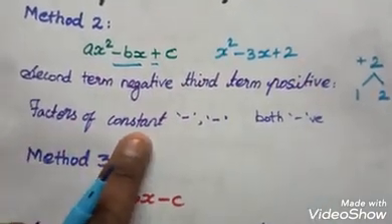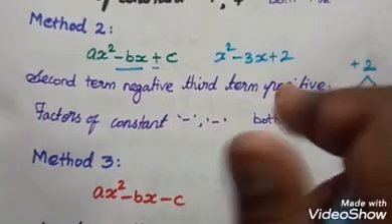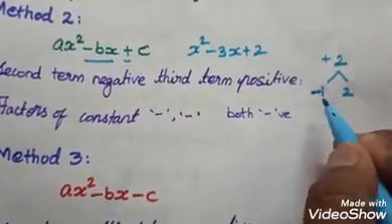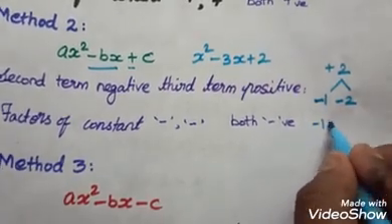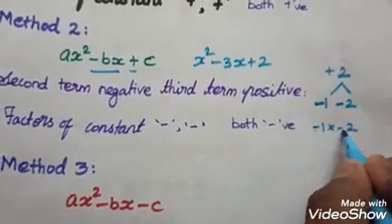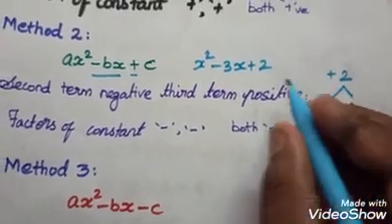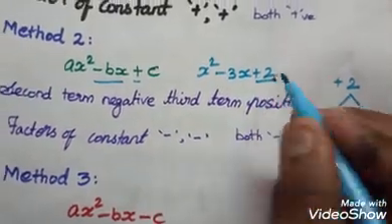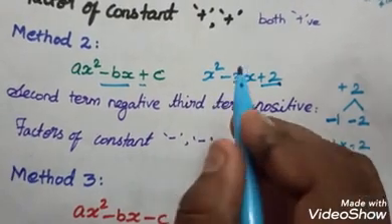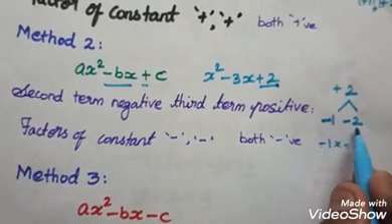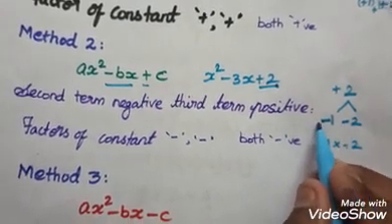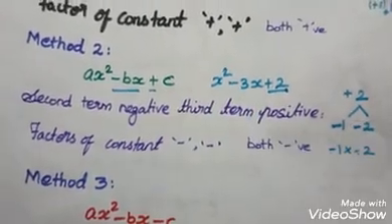The factors of the constant are both negative: minus 1 and minus 2. Take the product: minus 1 into minus 2, minus into minus gives plus, so 1 times 2 is plus 2. And for the sum: the same symbol means you add, so 1 plus 2 is 3, and the same symbol means we put minus 3.